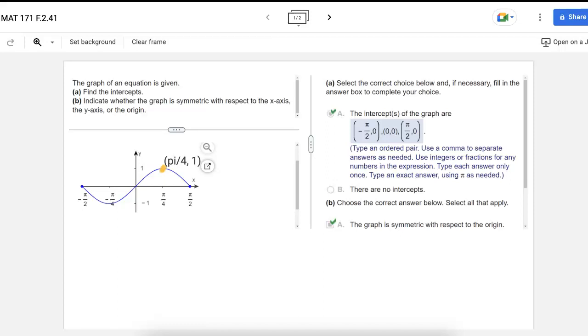So for this particular problem, what that means is opposite pi/4, negative pi/4, and opposite 1, negative 1, should also be a point on this graph, and sure enough, it is. And I can analyze other interesting points along this graph that, again, are not on the x or y axis itself, and can see that symmetry and how it meets that definition for symmetry with respect to the origin.